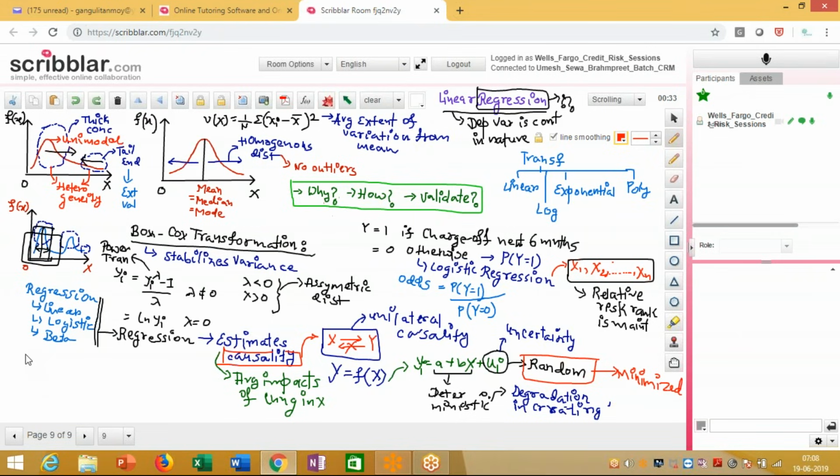If you look at the equation that a linear regression has, it says that yi is composed of two parts. One is the expected value of y given x. Expected value of y given xi implies the average.